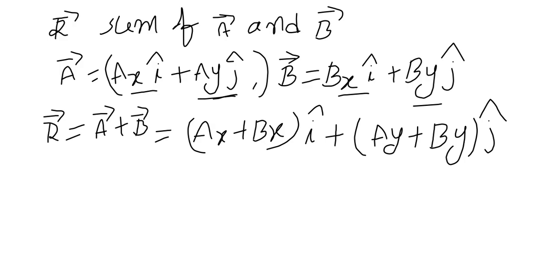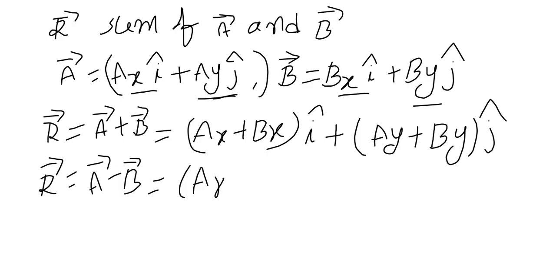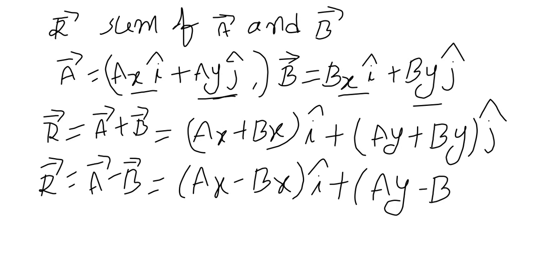We can also subtract the vectors like this. Suppose R bar is equal to A bar minus B bar. Then it is Ax minus Bx i cap plus Ay minus By j cap.